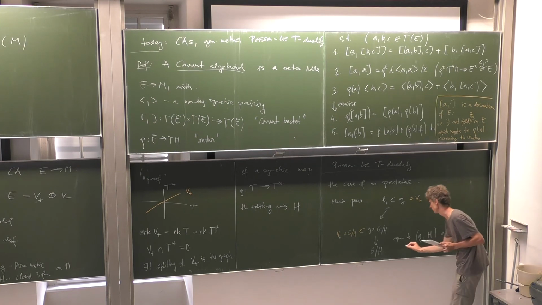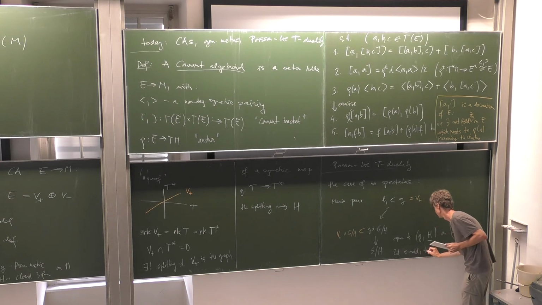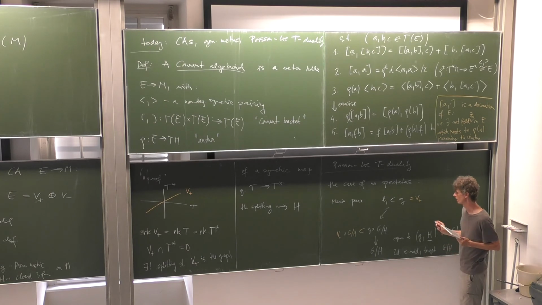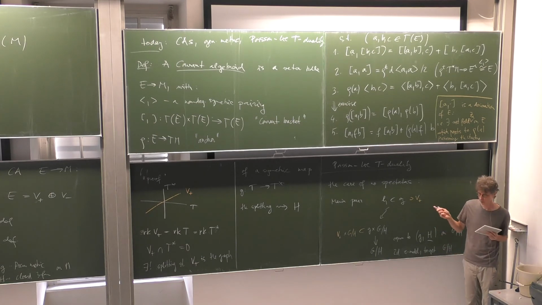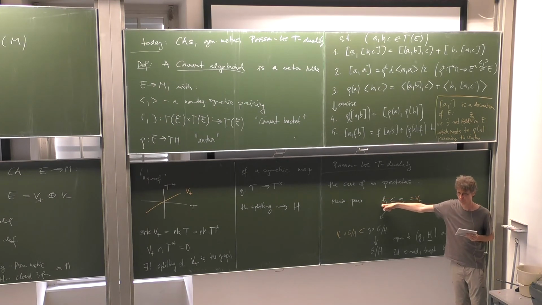So it gives us a 2D sigma model with the target G modulo H.